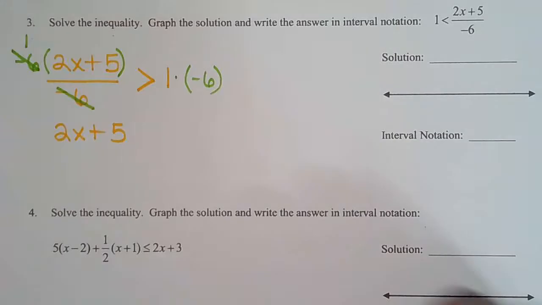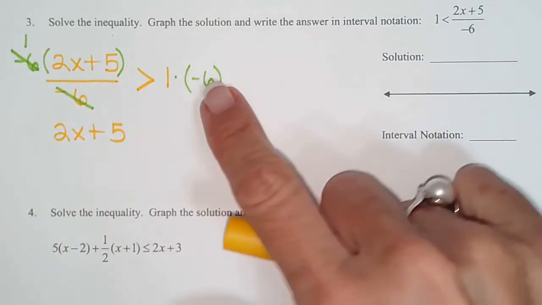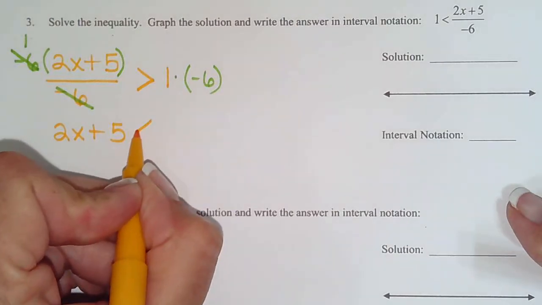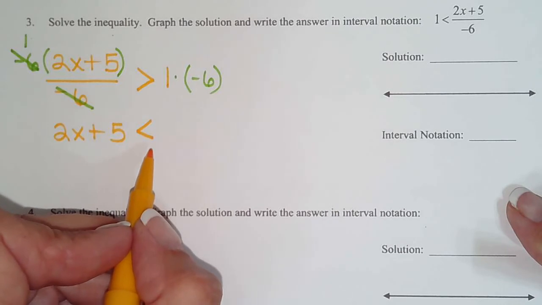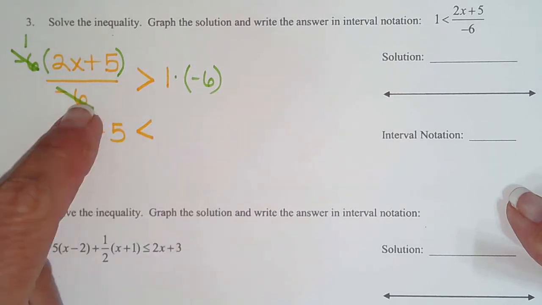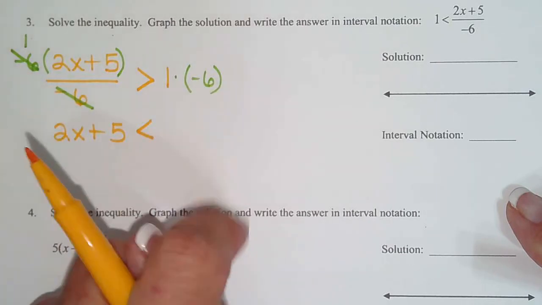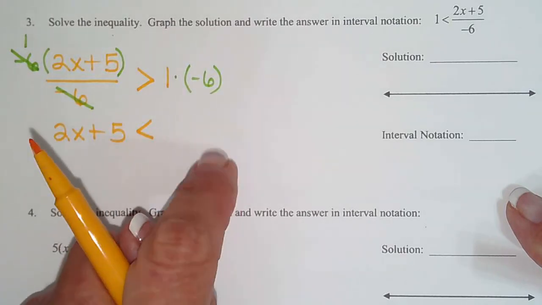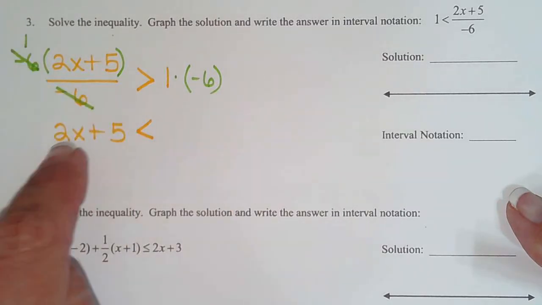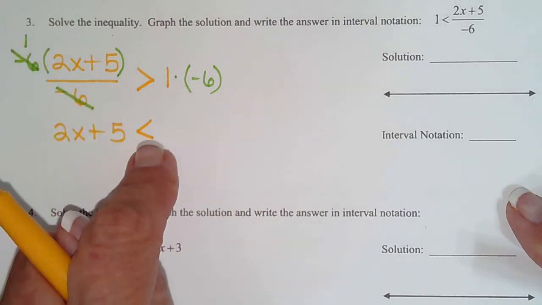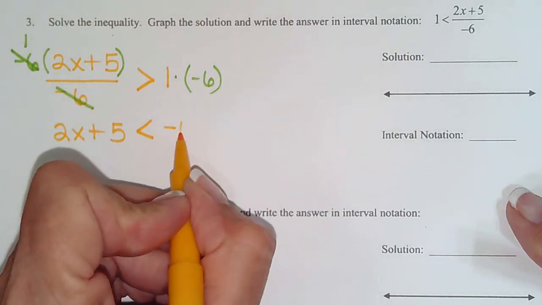But on this particular one, because we're multiplying both sides by a negative, we do have to reverse the inequality. If it was a positive, we wouldn't have to do that. Only if it's a negative. So the negative 6 is canceled there. 2x plus 5 is less than negative 6.